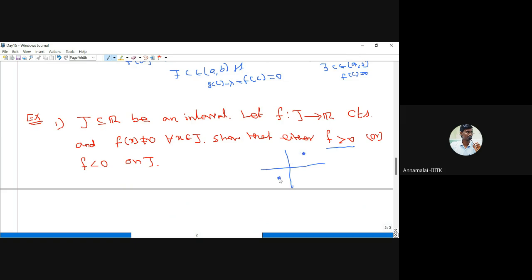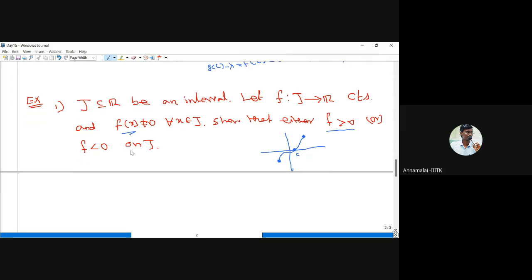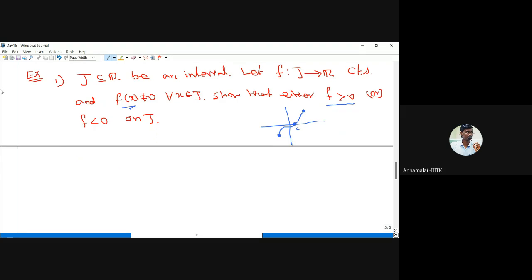Then since it's continuous, at some point c it takes 0, which is contrary to our assumption that f of x is never 0 for any point in the domain. Therefore, either f should be positive or f should be negative, not both. If it is both, we have a 0, a solution for f, but the assumption is that f of x is not equal to 0 for any point in the domain. So it's a simple proof.